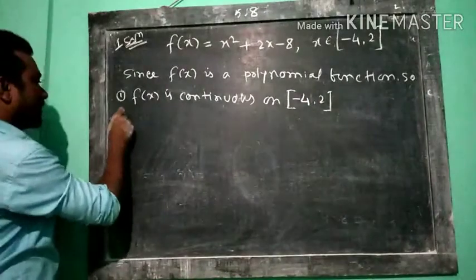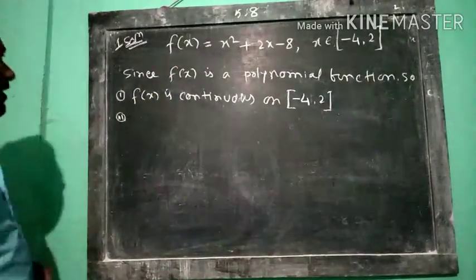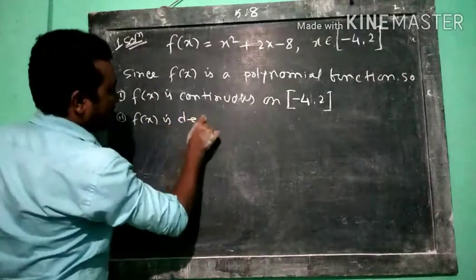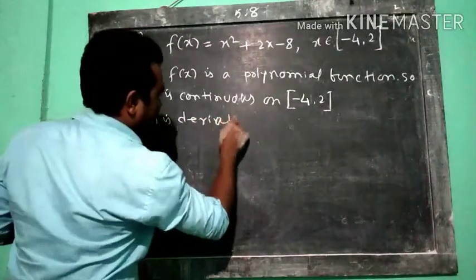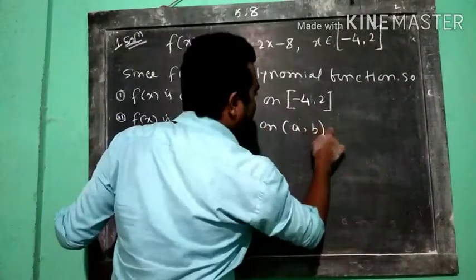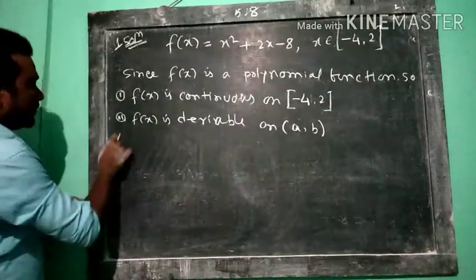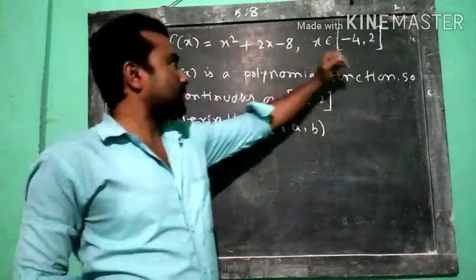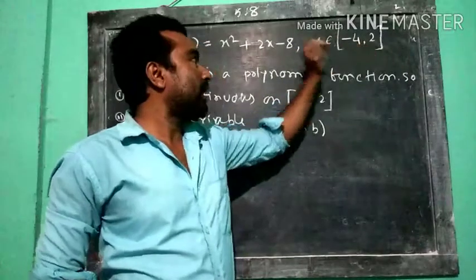Number 2 condition, it is differentiable also. The f(x) is derivable on the open interval (a, b). Also, now we are going to check f(-4) and f(2).